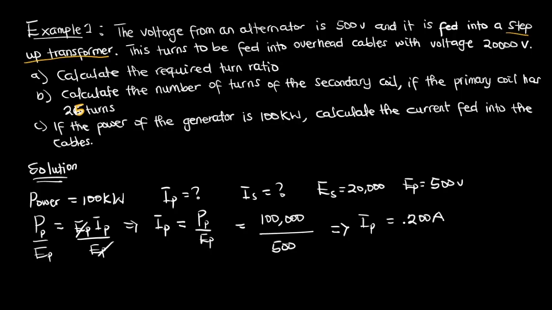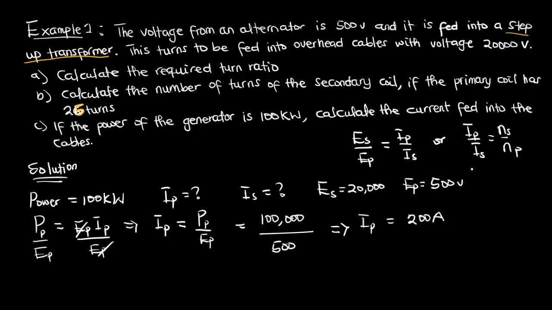Now that I have my current, there are so many ways I can go about this to find the answer. I can either use E secondary, EMF in the secondary coil over EMF in the primary coil is equal to current in the primary coil over current in the secondary coil to find that, or I can also use the current in primary over the current in secondary is equal to the number of turns NS over NP.